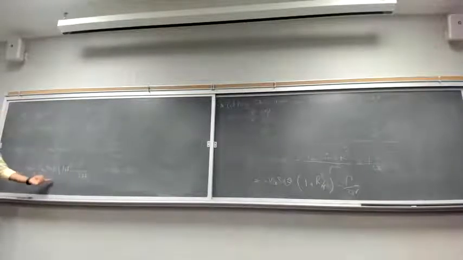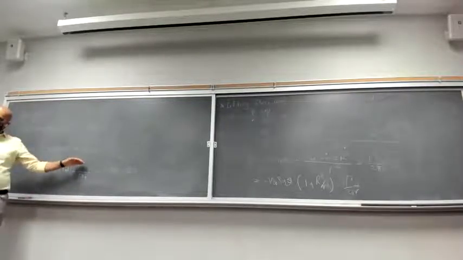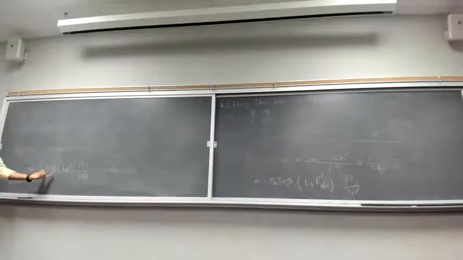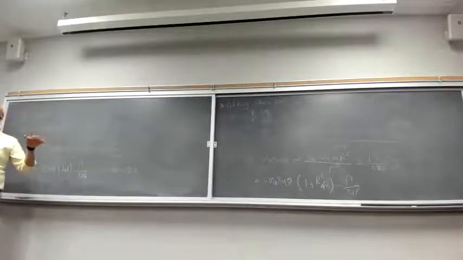So negative 2 v infinity sine of theta should be equal to gamma divided by 2 pi R. Then you take 2 v infinity to the other side, with a negative sign as well, and you get sine of theta equals negative gamma divided by 4 pi R v infinity.